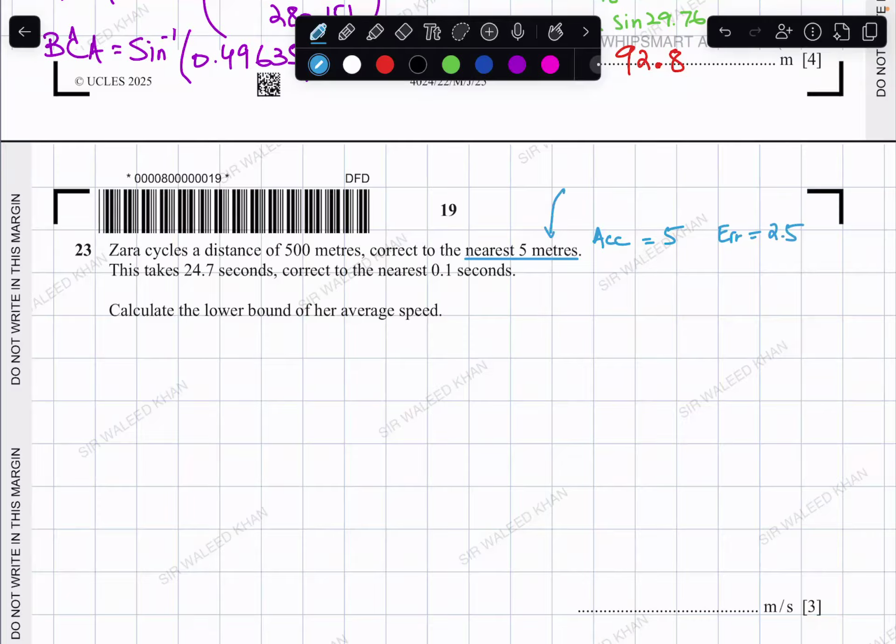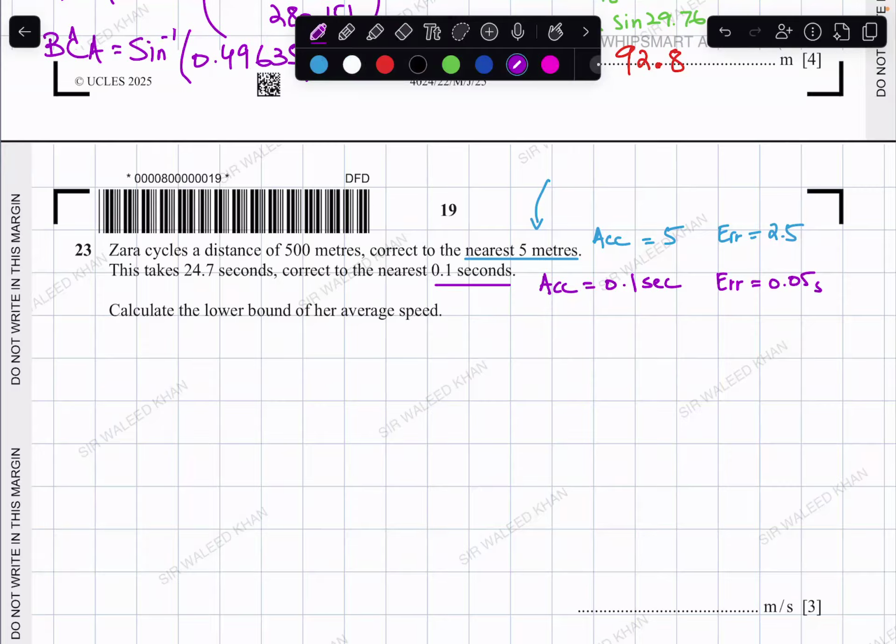Accuracy is whatever value, number or unit is given along with this word nearest. Okay. So the nearest second is 0.1. So the accuracy for the time is 0.1 seconds. So the error is this by 2, 0.05.